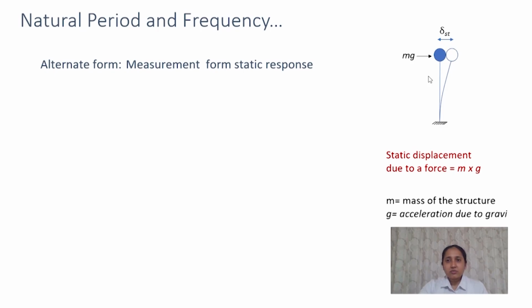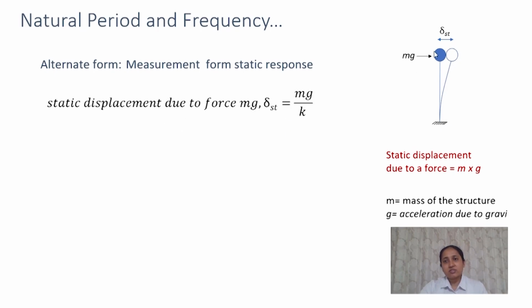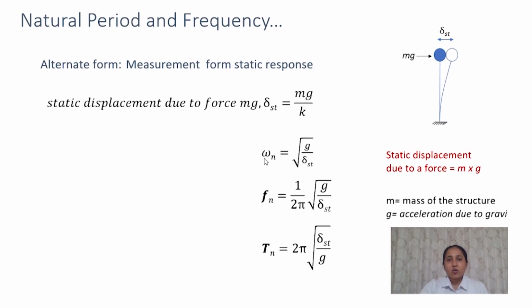So you know that this structure will have some stiffness. So the static displacement due to this force mg will be equal to mg by k. That will be the static deflection. So once you know this, omega n can be calculated like this, square root of g by delta st. So if omega n is this, then fn, that is, the cyclic frequency, will be omega n divided by 2 pi.